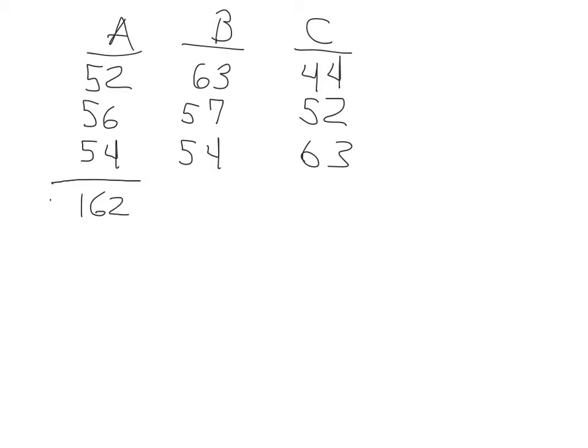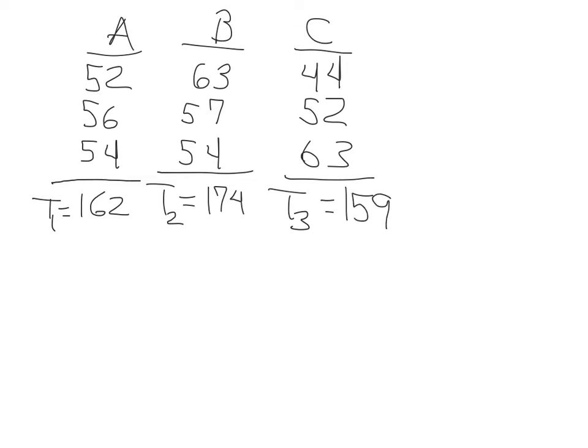And that's my total 1, so that's T1 equal to 162. Then T2, my total from the second column, is 174. And T3 is 159.